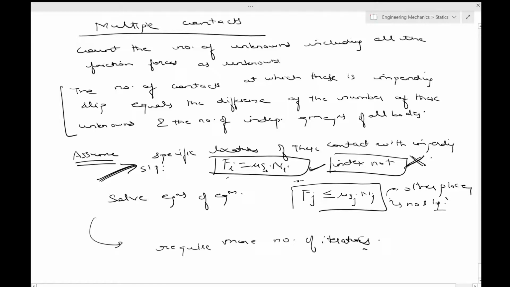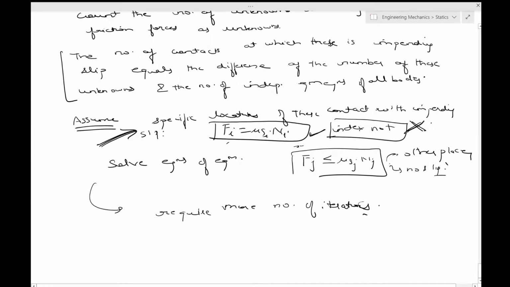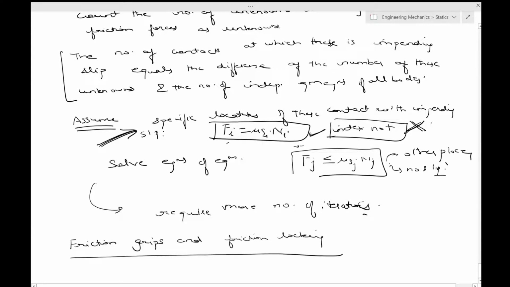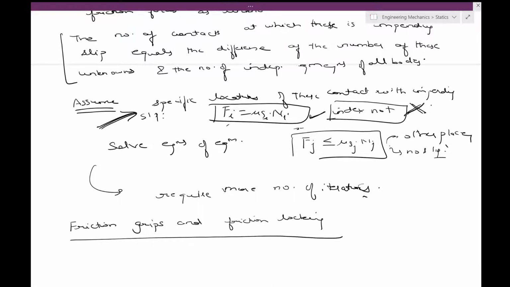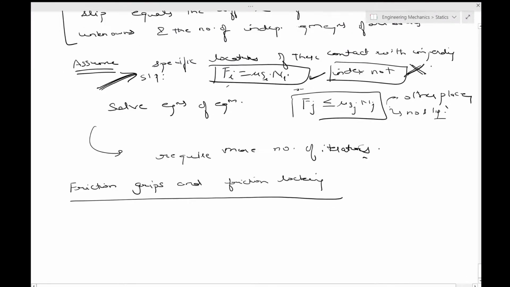Okay, again a small discussion is about friction grips and friction locking. So the idea is that first of all, you should know what a friction grip and friction locking is.